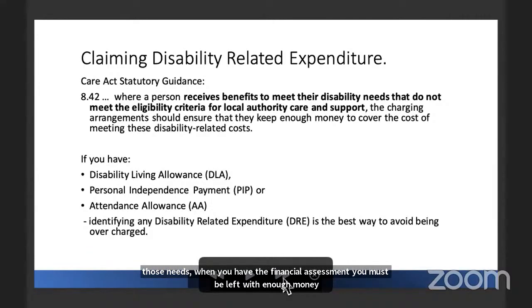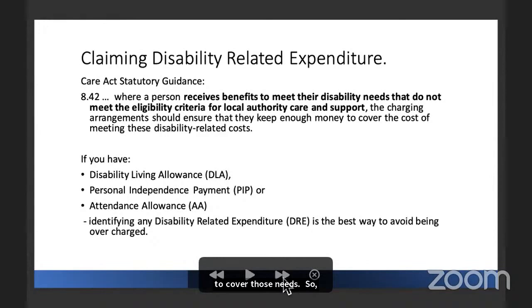The difficulty is two people with the same benefits might have very similar needs, but have different costs. And this is sometimes why it can seem confusing why one person with the same benefits is charged and another person is not charged or has a lesser charge.